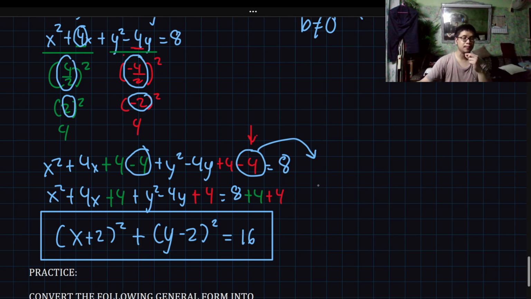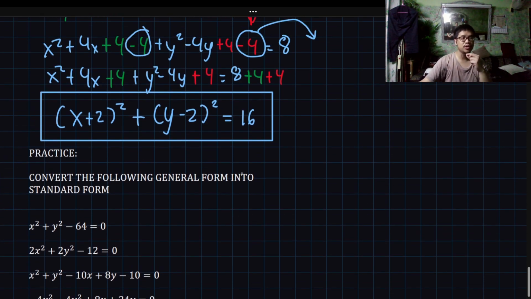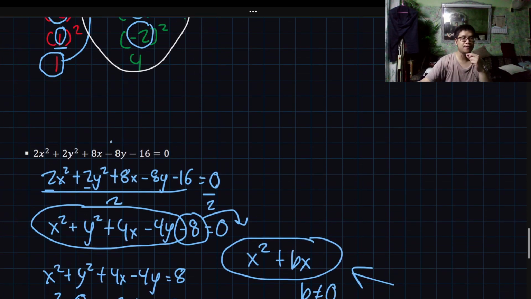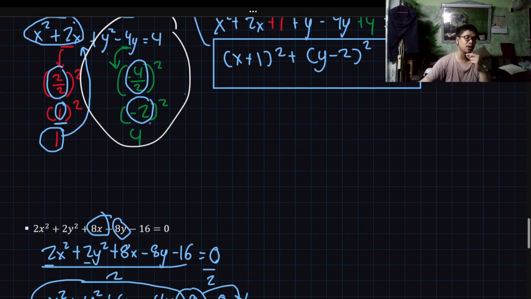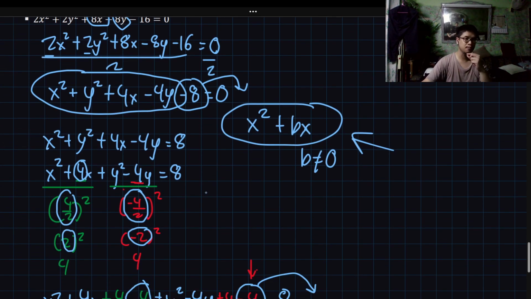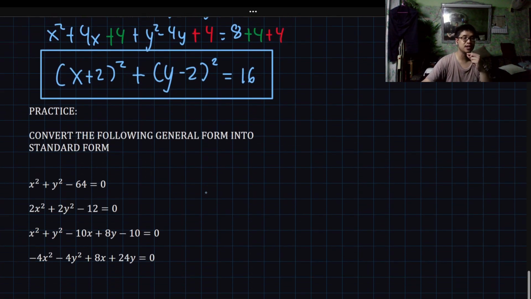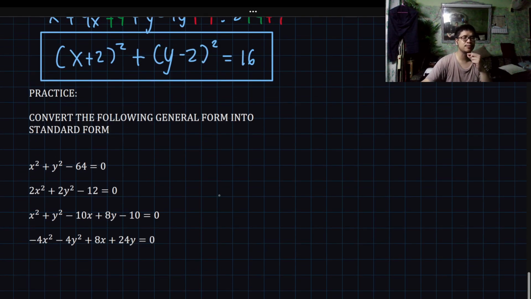Now, here's the thing. Let's have a practice tomorrow about this, like converting general to standard. If you would notice, in my previous example, we have x and y, just like here. But what if only one of them is given? Let me just fix the practice problem here.